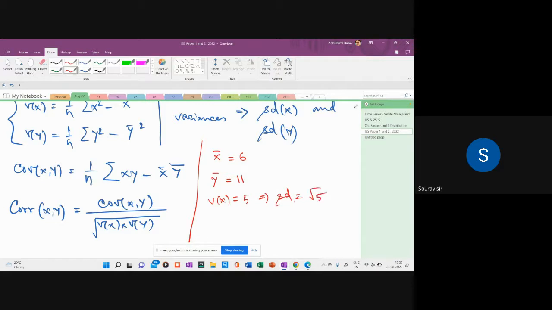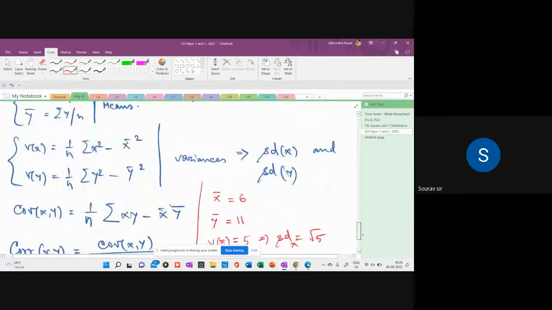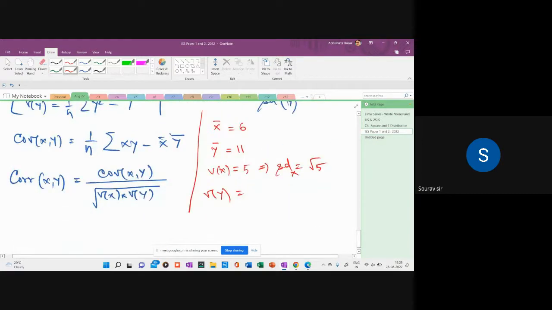Variance of y is 572 by 4 minus 11 into 11, that is going to give me 22, which implies SD of y is equal to square root of 22.